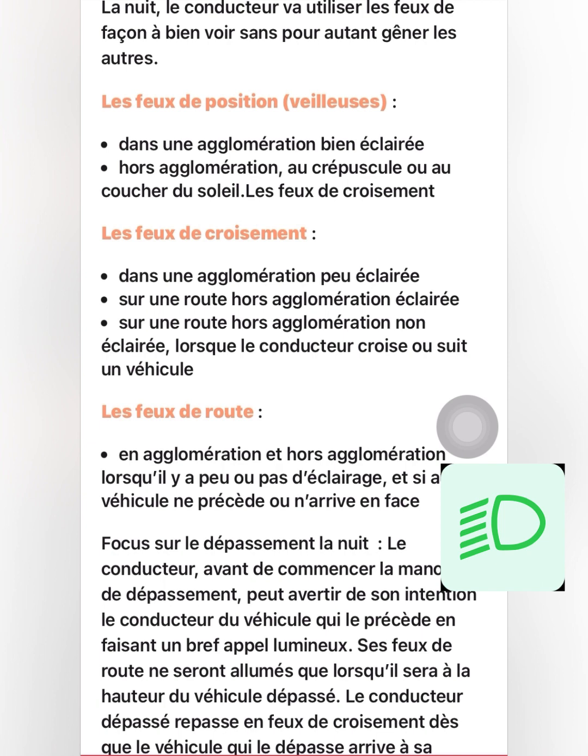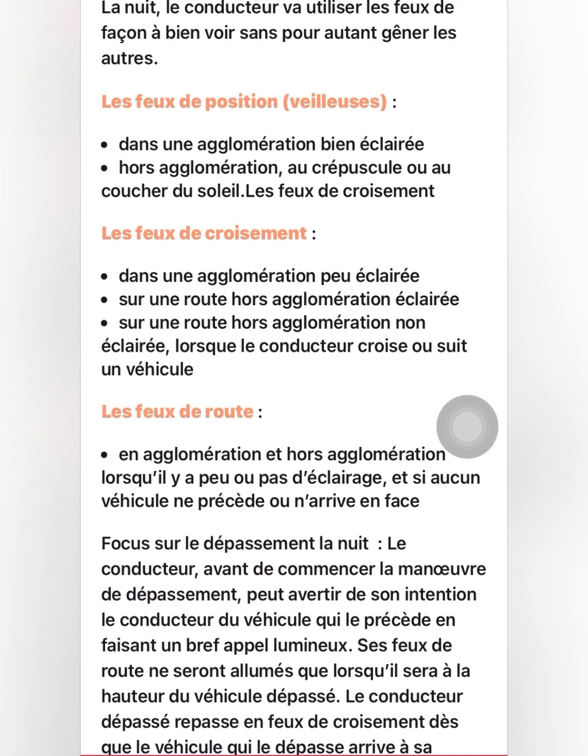Then number three, you use it outside the city where there is no lighting and you cannot see very well. Also, when you want to meet another vehicle coming from the opposite side, instead of only the full light, you have to use this dipped light so that it will not disturb the driver coming on your opposite side.